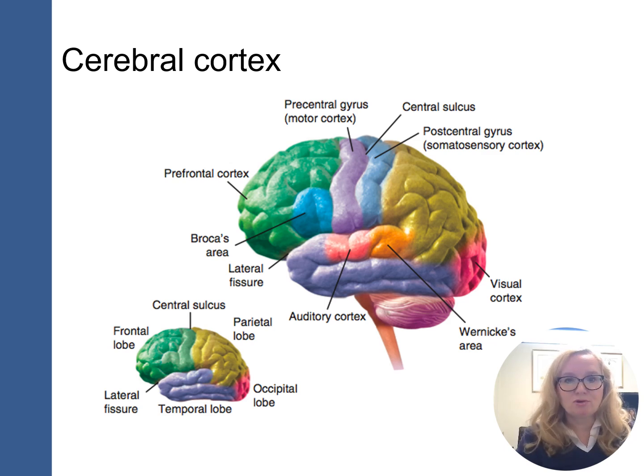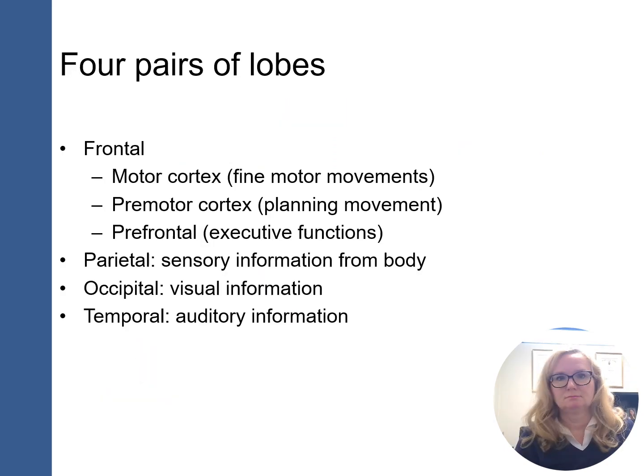There's also the important areas that are involved in hearing things, auditory cortex, or seeing, processing visual information like the visual cortex. So all these different areas of the cerebral cortex are engaging in different functions that help us to do all those interesting cognitive things.